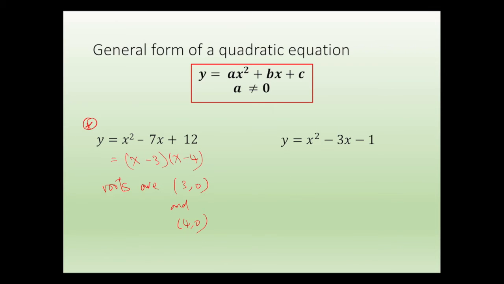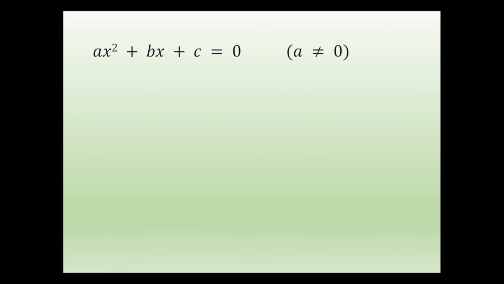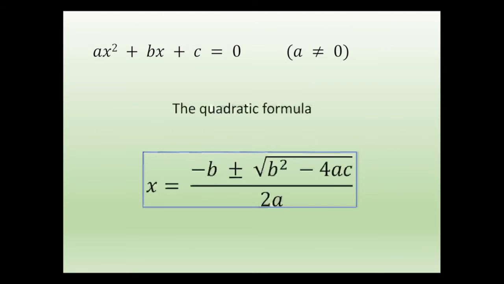Alright, now in order to solve for the root of y equals ax squared plus bx plus c, that is when y equals 0, if we cannot factorize it with two integers, we use the quadratic formula. So we can solve for x when ax squared plus bx plus c equals 0 using this quadratic formula here. x equals minus b plus or minus square root of b squared minus 4ac, over 2a.